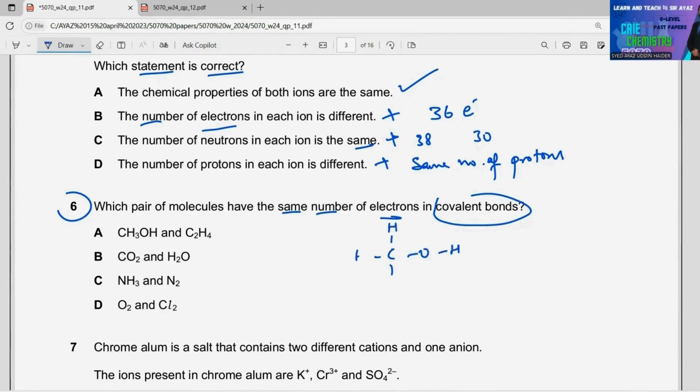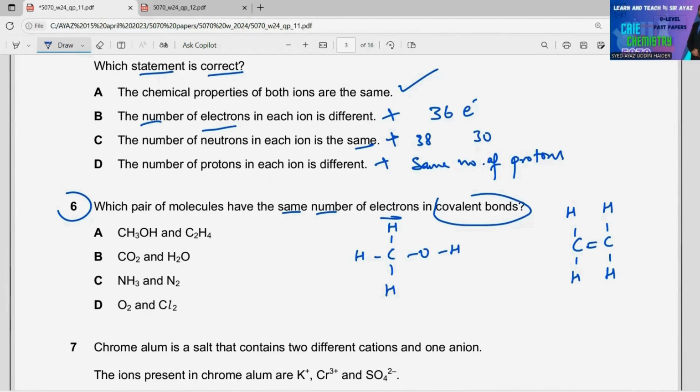This will be the displayed formula for methanol. For ethene, C double bond C. Now each dash line represents a pair of electrons. So this will be easy for you to calculate the number of electrons for both of these molecules.